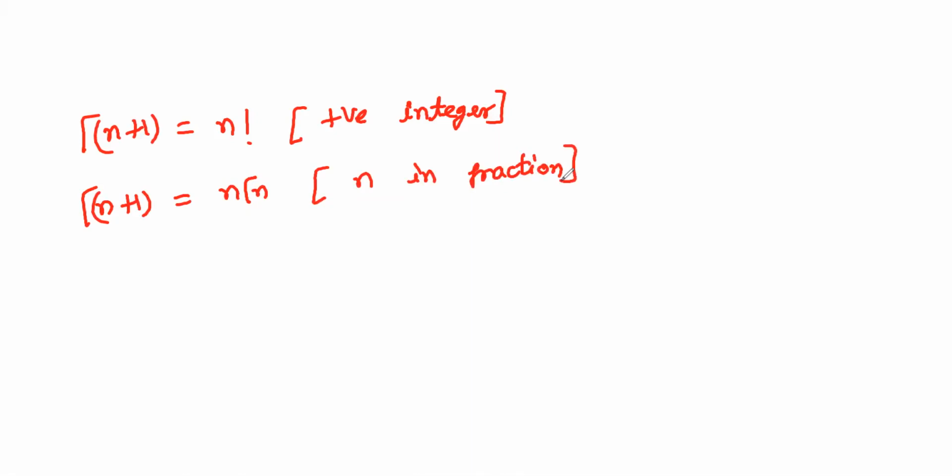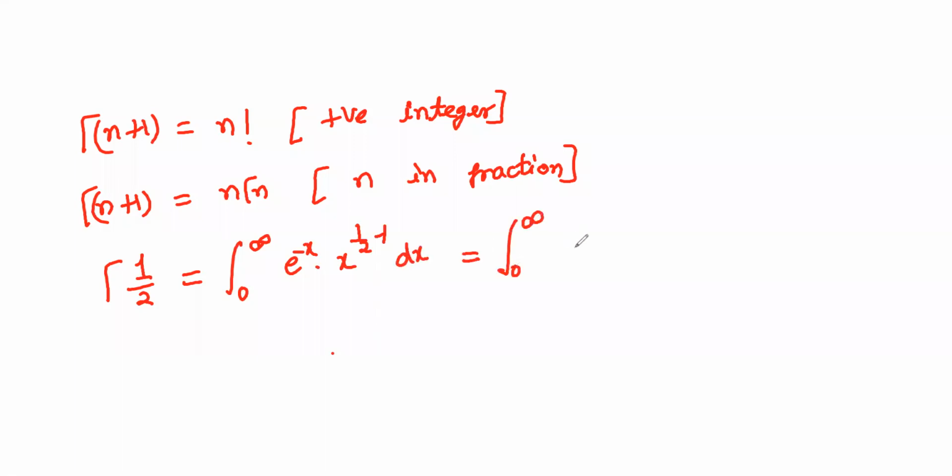So now next, find gamma 1 by 2. Gamma 1 by 2 will be the integral from 0 to infinity of e raised to minus x, x raised to 1 by 2 minus 1 dx. So I can write the integral from 0 to infinity of e raised to minus x, x raised to minus 1 by 2 dx. Please write it down.